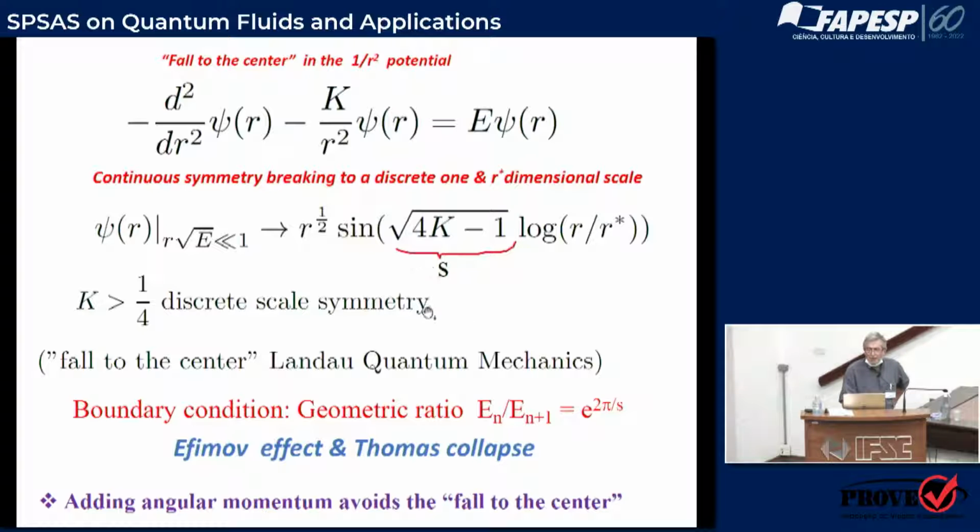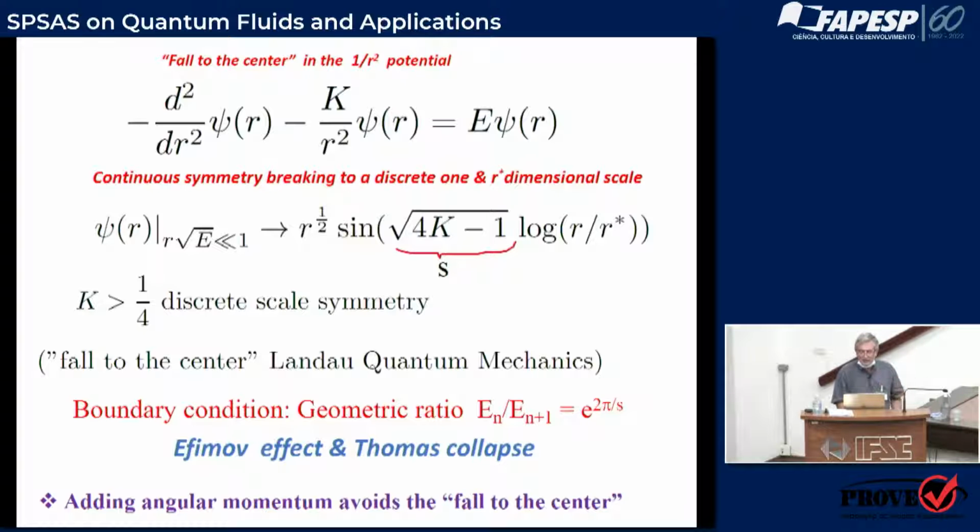Now, in a very simple example, you put a boundary condition and solve this elementary problem and take the bound states, and you are going to see that the energies of the bound states are separated by a geometric factor. And the geometric factor is exactly the geometric factor that Efimov put forward. This discussion is not in the book of Landau, but this is behind what Efimov did.